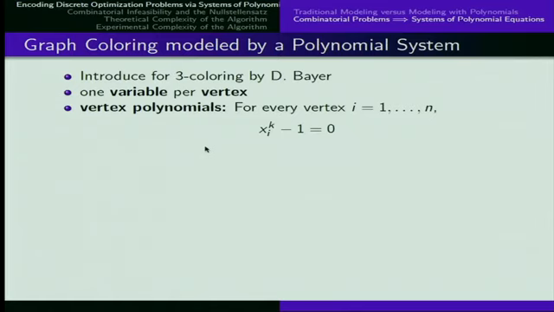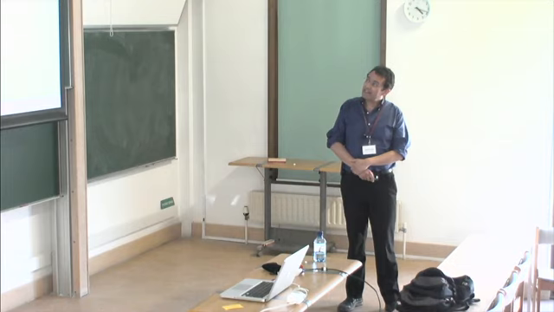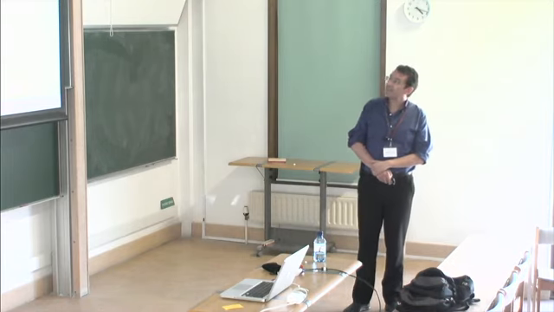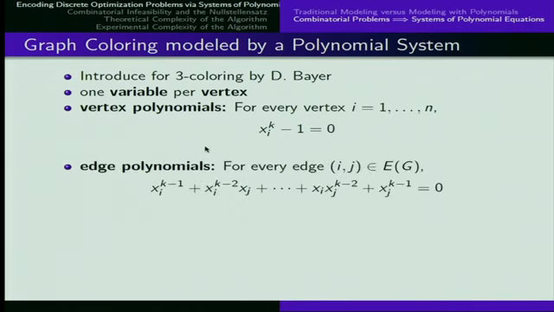This time I'm going to use the complex numbers. Okay. So you have one variable for each vertex, and you have the power xi to the k minus 1 equals 0 for every vertex. That's what this is saying: the colors that you're going to use to color the graph are going to be roots of unity. Okay, so you're using the roots of unity. And then for every edge, you have an edge polynomial.